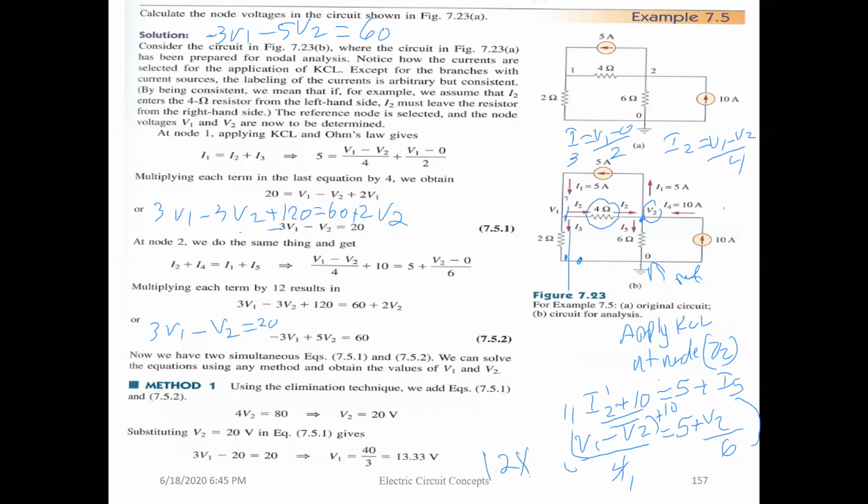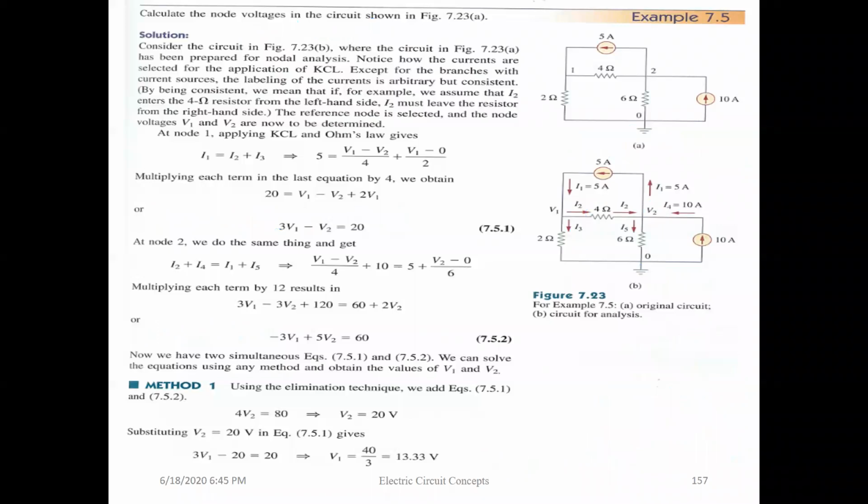So, okay, now we have two equations in terms of the voltage, so we can use one of those techniques. Either we use the substitution method, or we use Cramer's rule, or we use the elimination method. So again, these are my two equations.